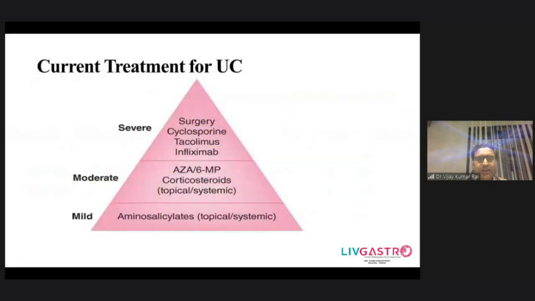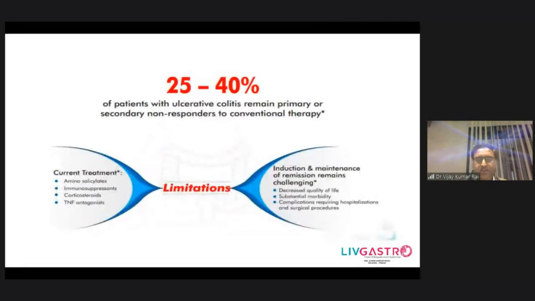So if you see the current treatment option, we start our treatment from mild, then moderate to severe disease, depending upon the severity, we choose the drug. But the problem is, why are we looking for JAK inhibitors? Because whatever the current treatment we are giving, there is a problem: only 25 to 40% of patients remain primary or secondary non-responders to conventional therapy.